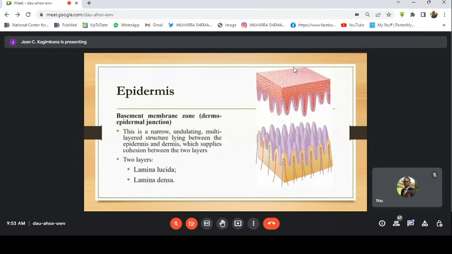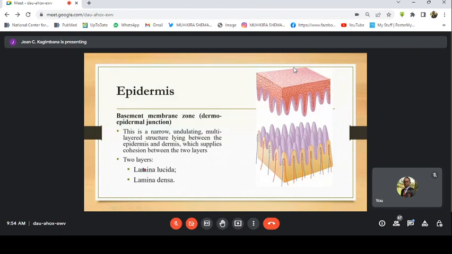Of course, it has a basement membrane, as you have seen. This is what we call the dermo-epidermic junction. Now, all the nutrients will come from capillaries, and then they will be exchanged through this basement membrane with these junctions, you see.